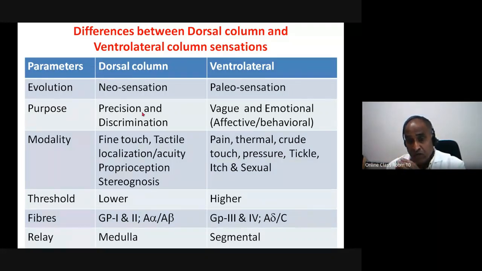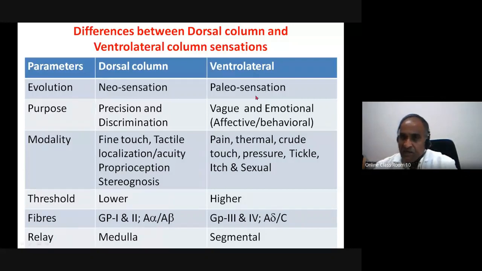to perform a particular motor skill or sensory act. So all those things, it is precise, specific, and it discriminates. It will give a thorough picture of the part of the sensations.